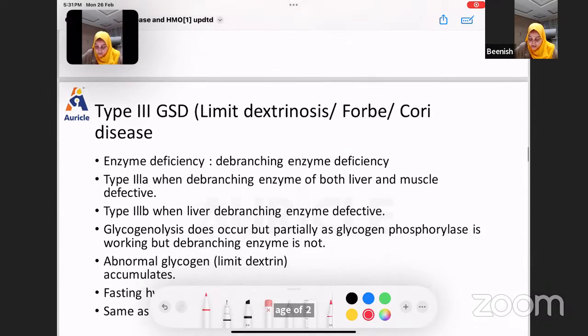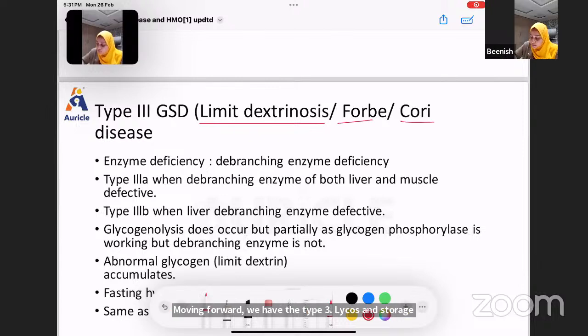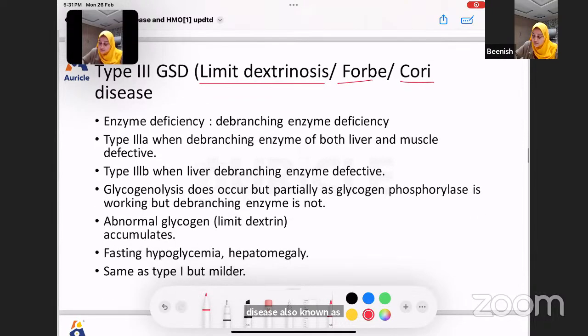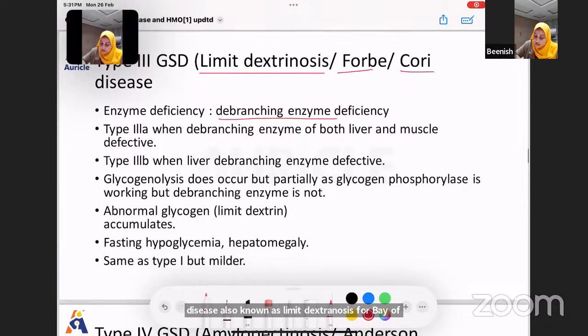Moving forward, we have type 3 glycogen storage disease, also known as limit dextrinosis, Forbes or Cori's disease. The enzyme deficient here is the debranching enzyme. It again has two subcategories, type 3A and type 3B.